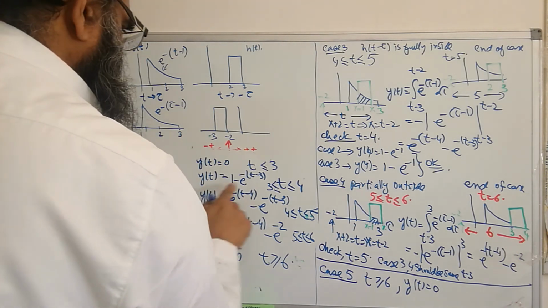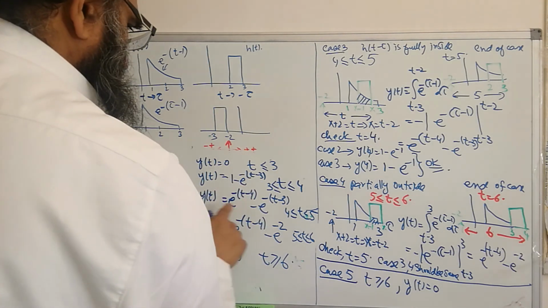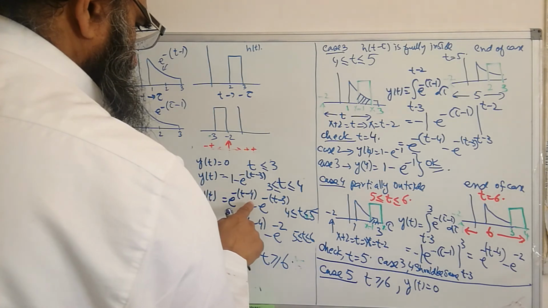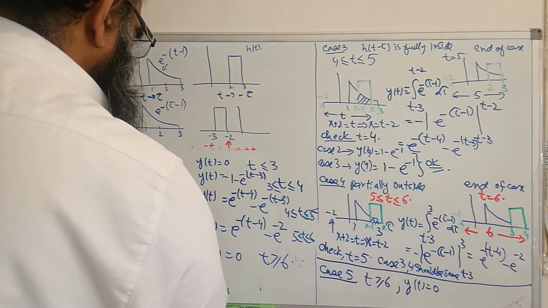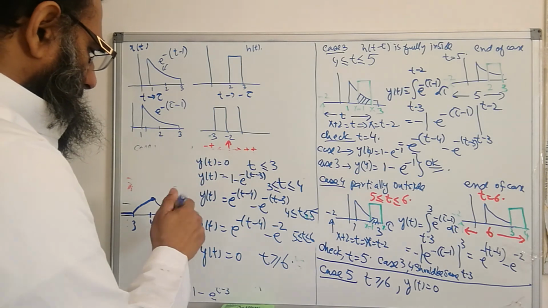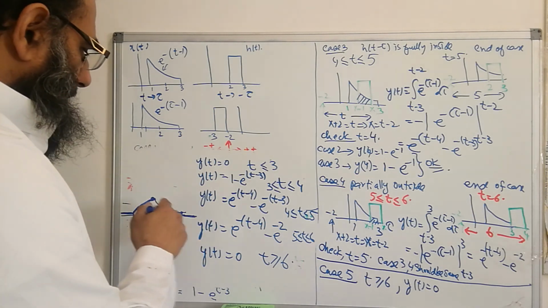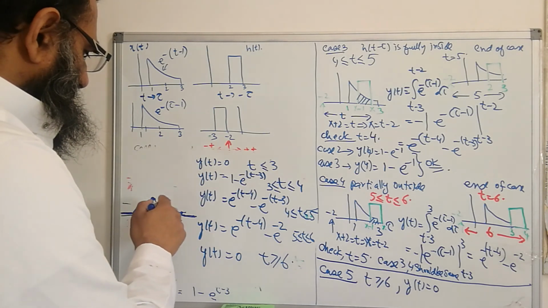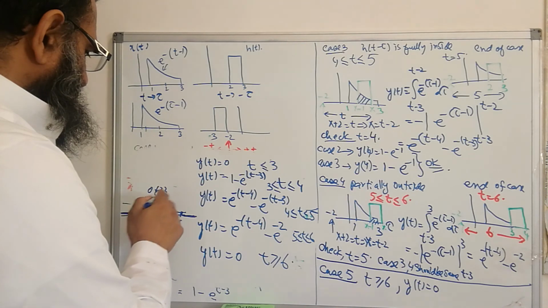So at 4 it will be 1 minus e raised to the minus 1, which is 0.632, and then this will come down, and then it will come down further like this. You can check it, and after this it will be just equal to 0. So you can check all these points for the amplitudes. This is 0.632.